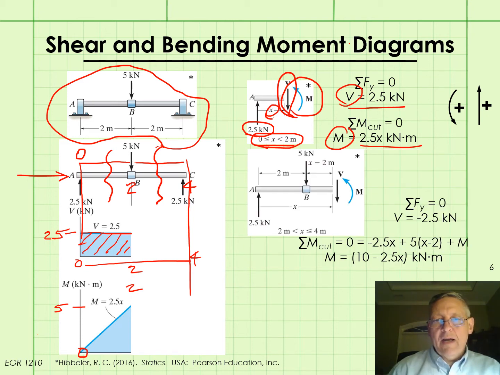Draw a free body diagram of the segment of the beam to the left of the cut, and notice that we draw the free body diagram of the entire segment of the beam to the left of the cut, not just back to the previous cut, but all the way back to A.